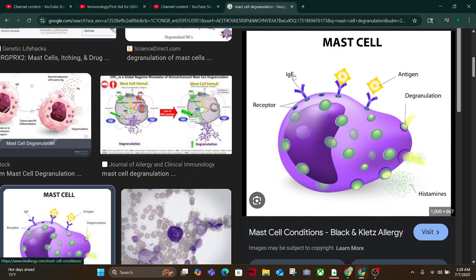Once the body makes this IgE, it comes and binds. It literally comes and binds to this mast cell, right? So the body is preparing for attack in the future if this same person gets stung by a bee again.